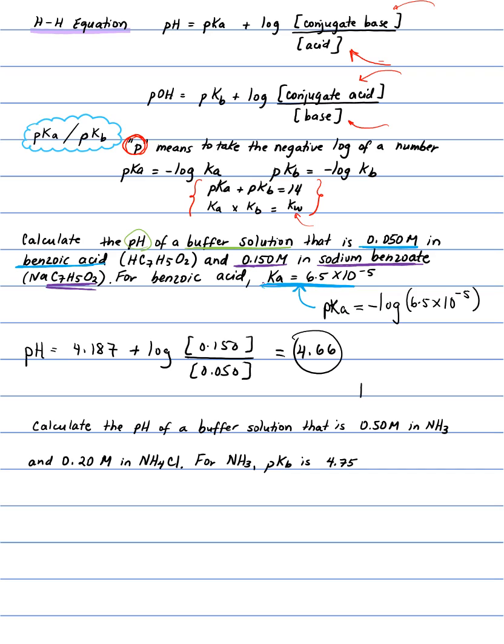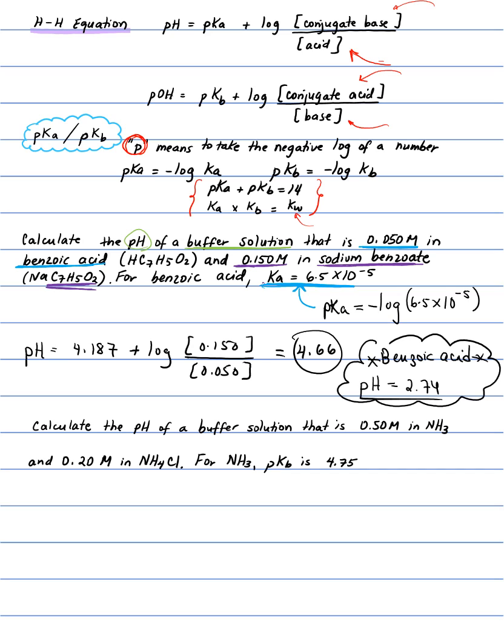If you use your ICE table to get the pH only for your benzoic acid, that's going to give you 2.74. Just benzoic acid in water with an initial concentration of 0.050 molar, 2.74.